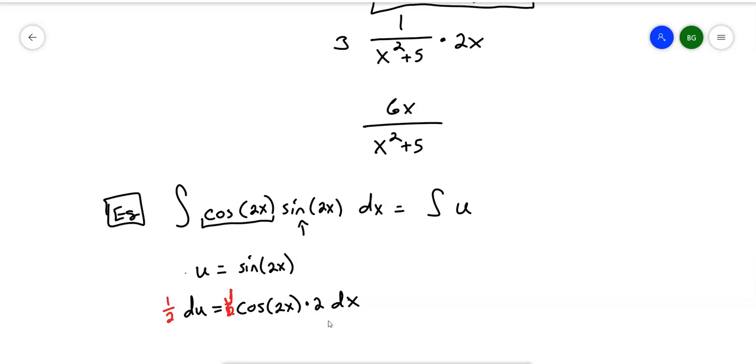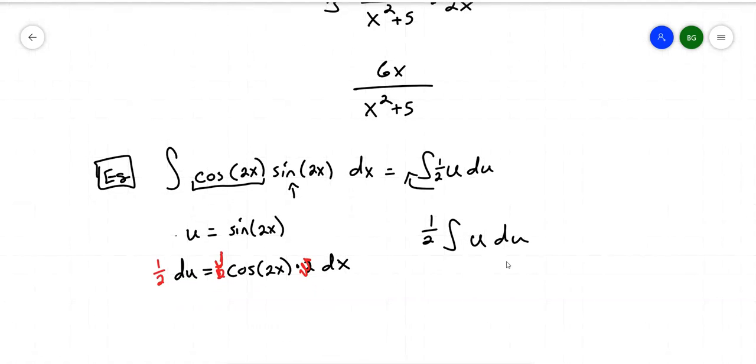And notice I'll get this cancellation here. And so now I can swap out the cosine 2x. I can swap out the dx just by putting in 1/2 du. Constants can go outside the integral sign, so I'm just going to integrate u du. I guess I shouldn't lose track of that constant multiple though.